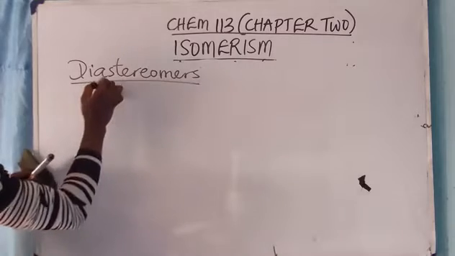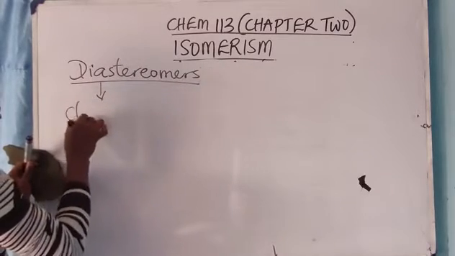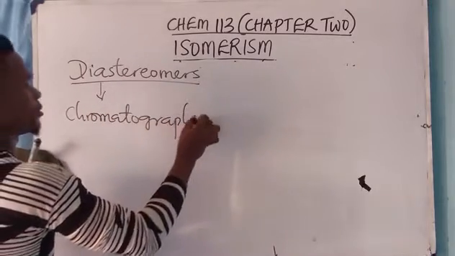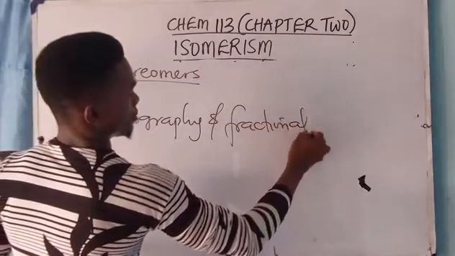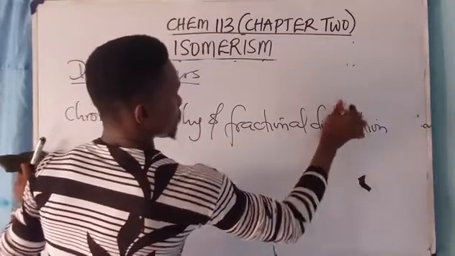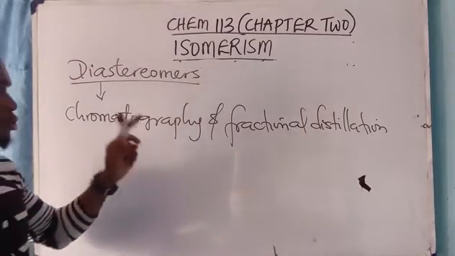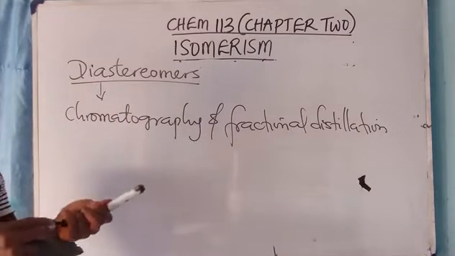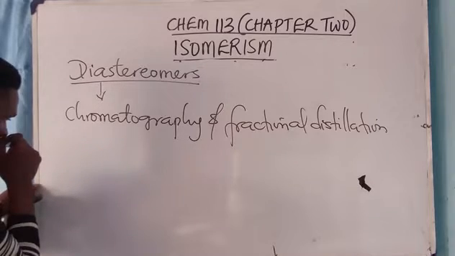Then they are separated from one another via chromatography and fractional distillation. They are separated from one another through what? Fractional distillation or what? Chromatography. They do not form images of each other.